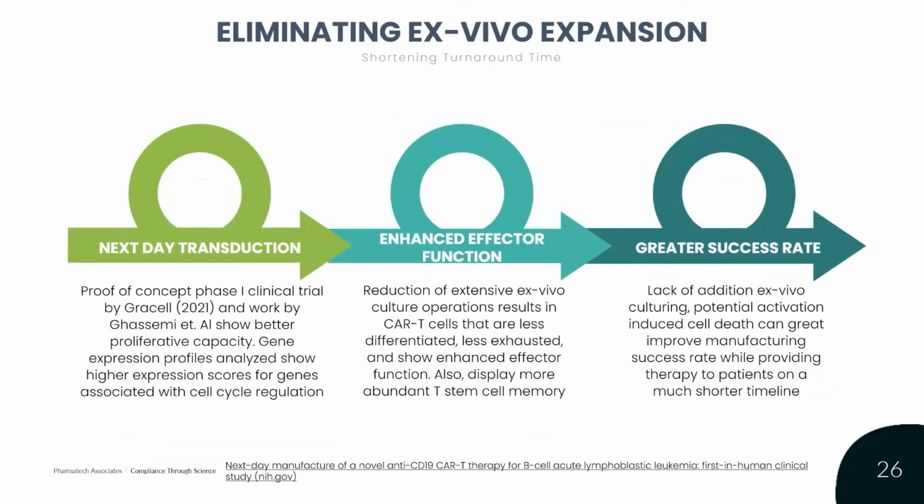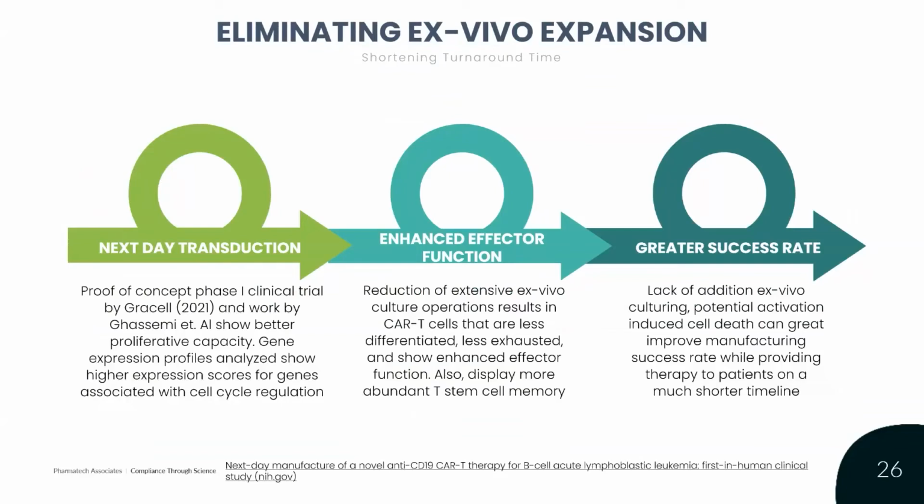And then the last one that I mentioned previously is potentially eliminating ex vivo expansion. If we look at the phenotypic characterization that's been done over and over again, and folks coming out with more and more results, there's a company called Graycell that has been trying to target 2-day or next day manufacturing of CAR T cell product.